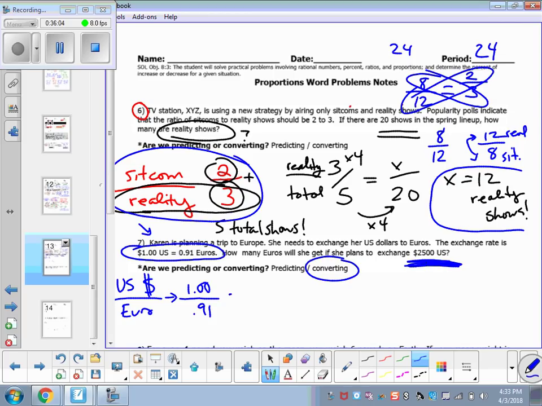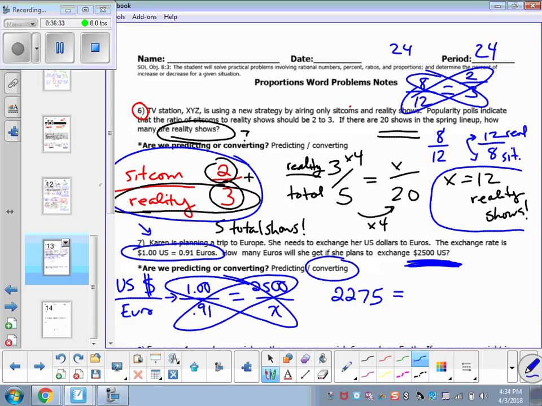We can use that to say, 2,500 US dollars will be how many euros? When we cross multiply and divide, we'll get our answer. We multiply 2,500 times 0.91 in our calculator. We get 2,275.